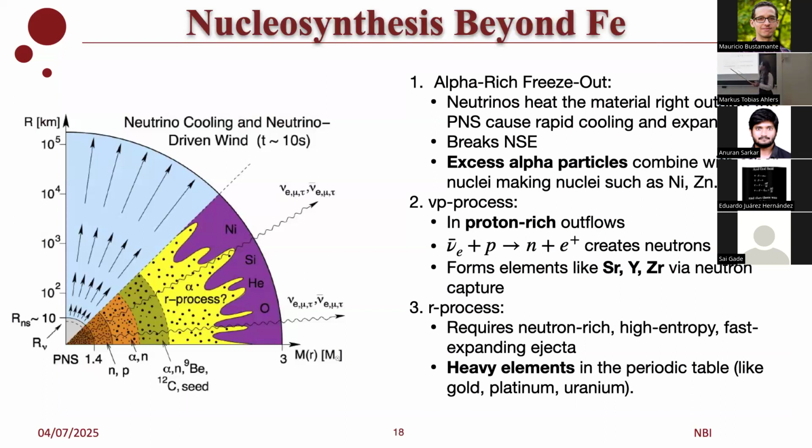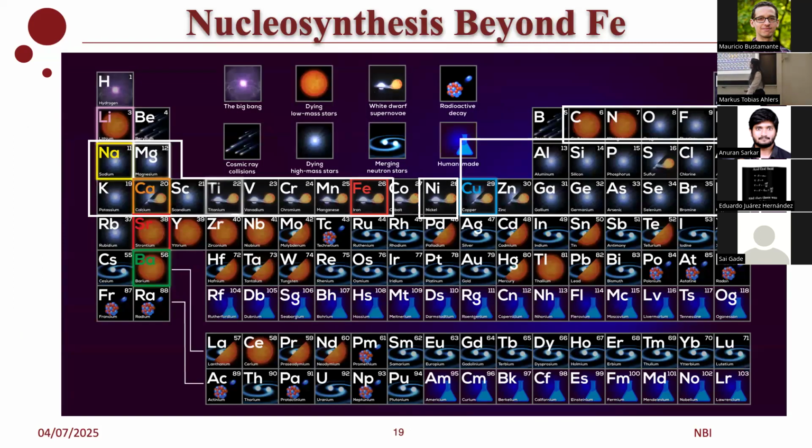Then instead of proton rich, if the outflow or ejecta is neutron rich and we have high entropy, then it can trigger r-process nucleosynthesis, and that can create even heavier elements like gold, platinum, uranium, etc. So elements up to iron are mostly created by the evolution phase, while heavier elements are mostly created after the explosion happens.